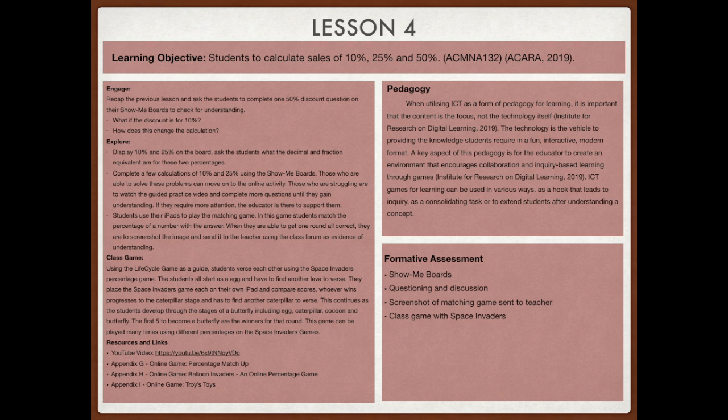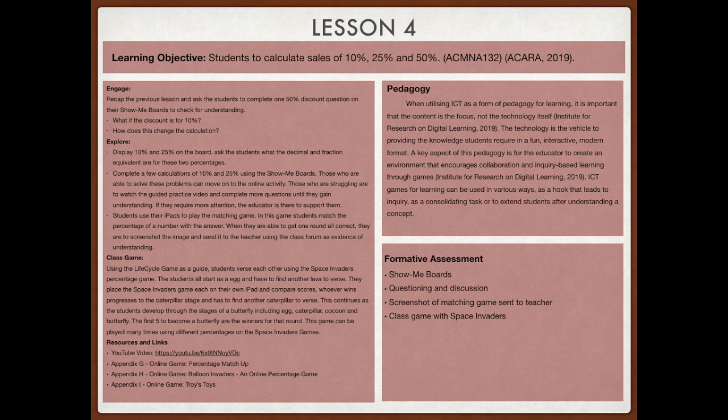It might be 10%, 25% or 50%. They select the percentage that they want to do, they play the game, and then they compare their scores at the end. Whoever got the most correct progresses to the next stage of the butterfly life cycle, where they will become a caterpillar. The person who lost will stay as a larva and have to go find another larva to verse. The person who's now progressed to a caterpillar has to go find another caterpillar to verse.